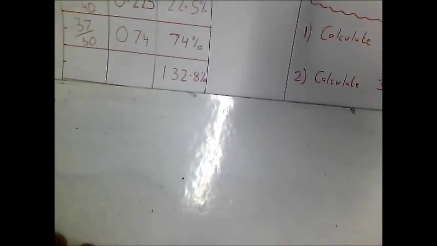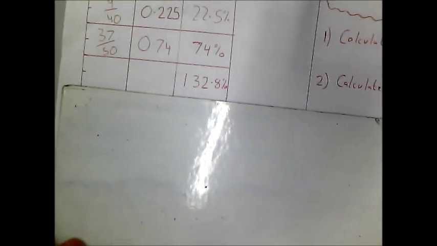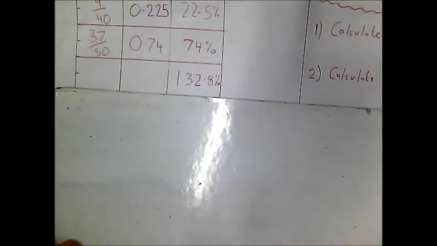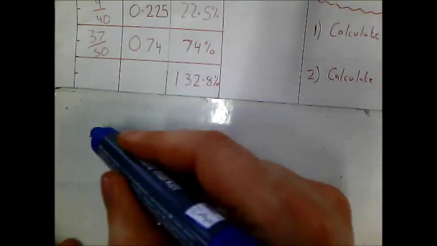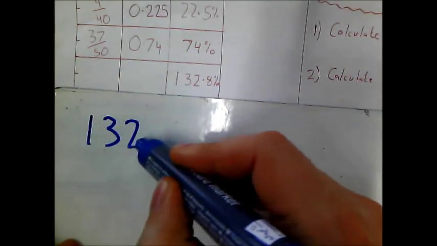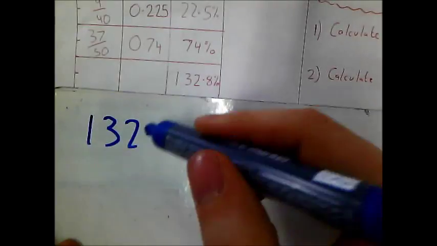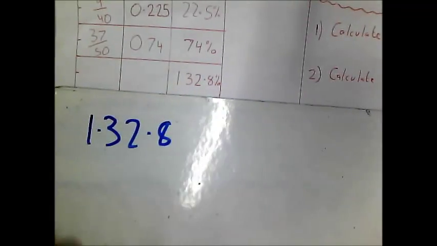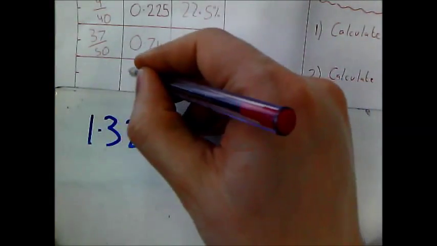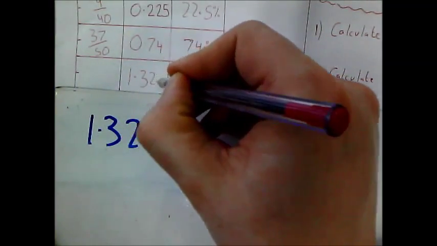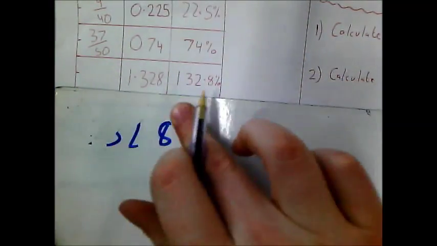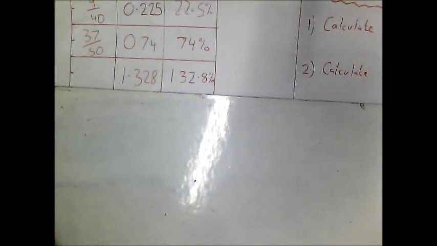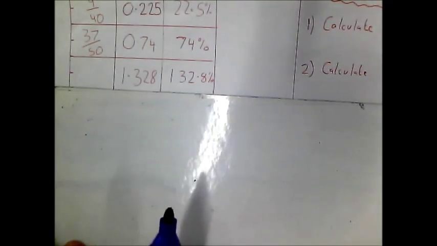Okay, we need to turn 132.8% into a decimal and a fraction. So, first I'm going to get that into a decimal by dividing by 100. So 1.328. Okay, and then finally I want to turn it into a fraction.